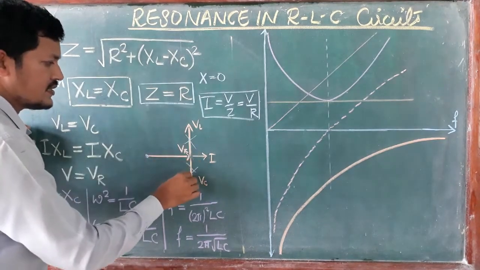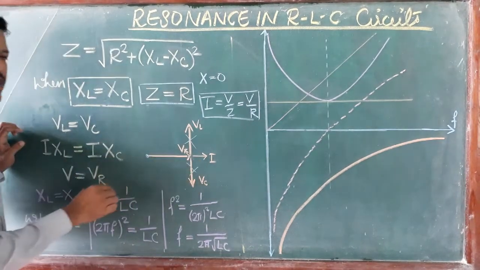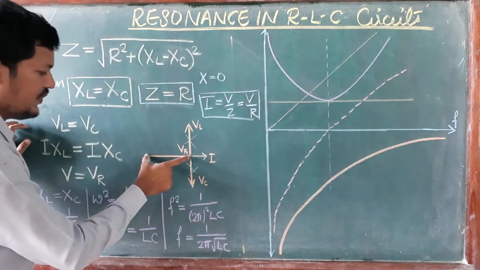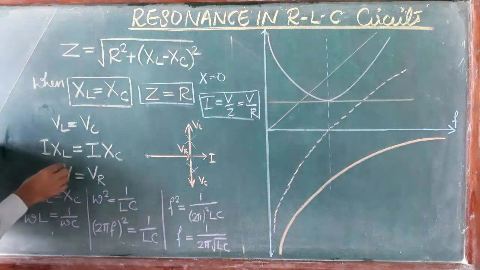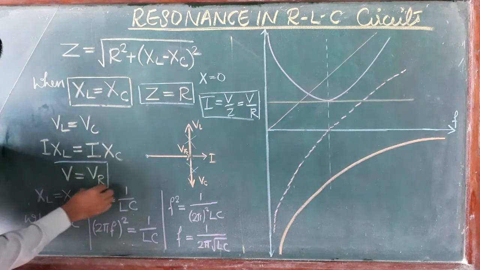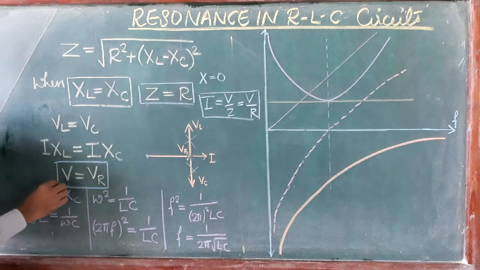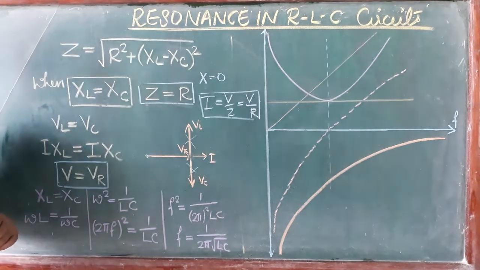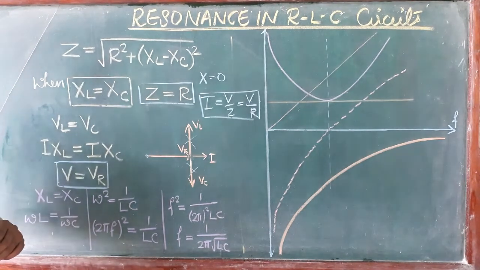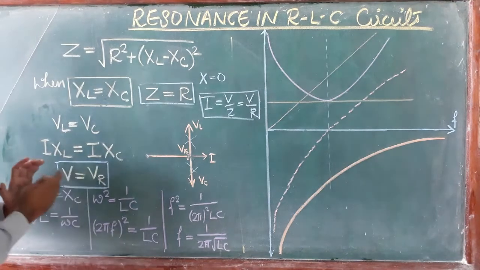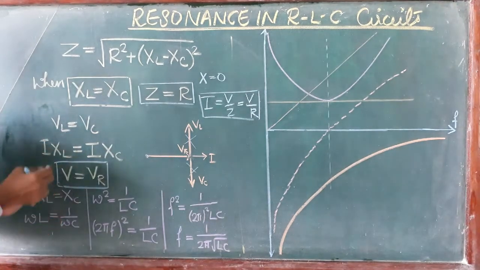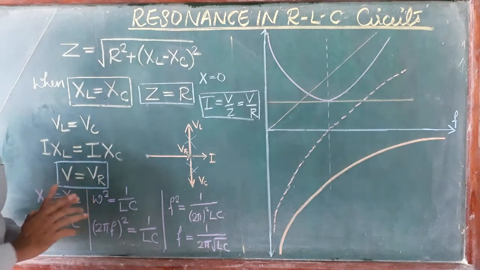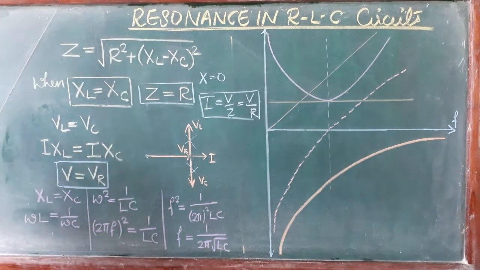The net voltage is only VR. The applied voltage is V equals VR plus VL plus VC, but VL and VC cancel each other, so V equals VR only, the voltage across the resistance.